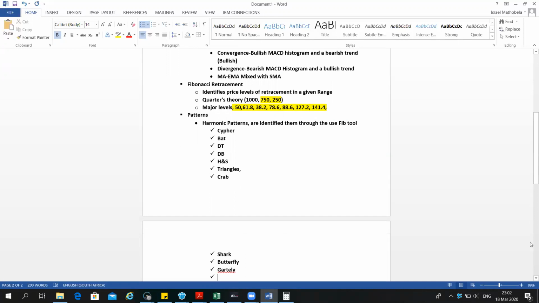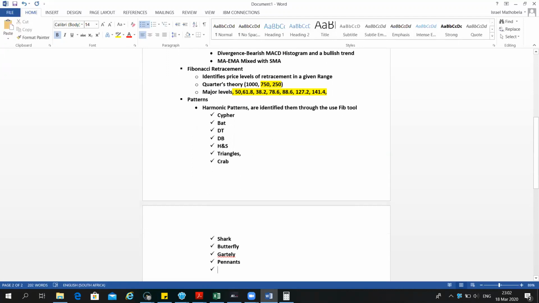They also include pennants and flag patterns. You see, there are other patterns that other people use to identify, but mostly the ones that are okay are these ones.